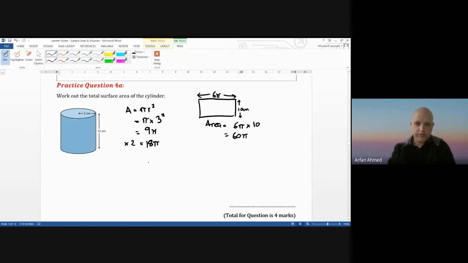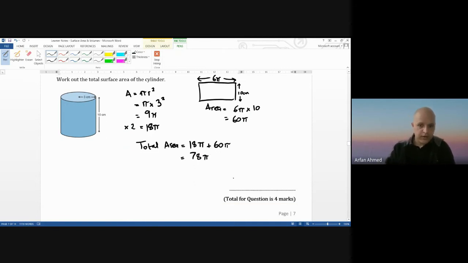So the total area is going to be 18 pi plus 60 pi, which is 78 pi. If it says give your answers in terms of pi, I'd leave it like that. Or if it says give your answer as a decimal, or correct to 2 decimal places, or 3 significant figures, or anything like that, obviously you're going to have to do it as a decimal.